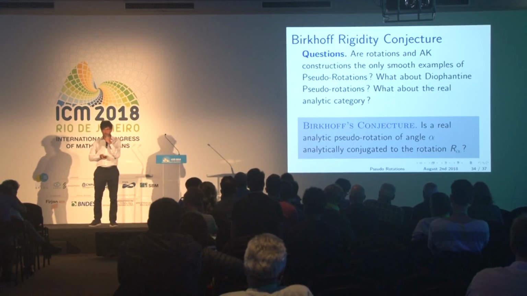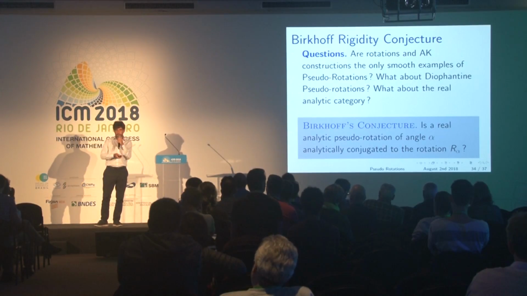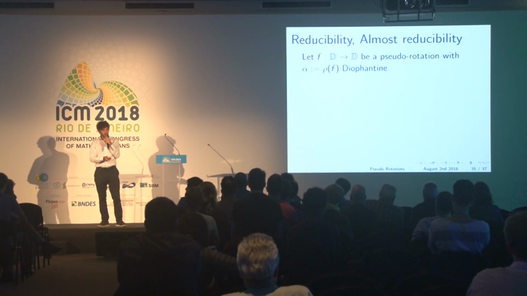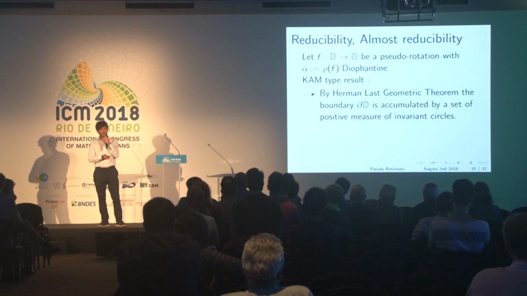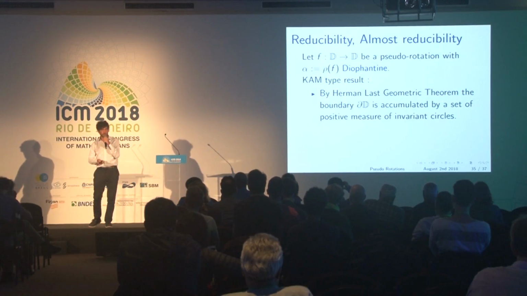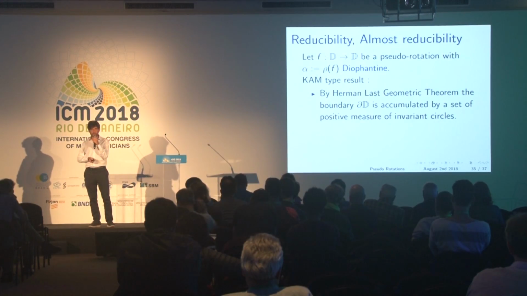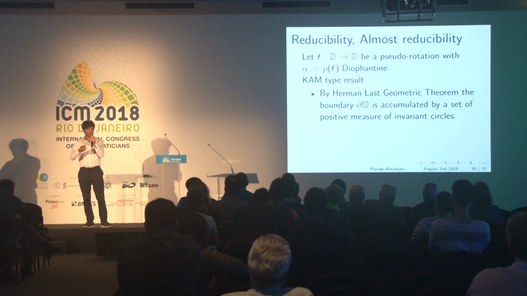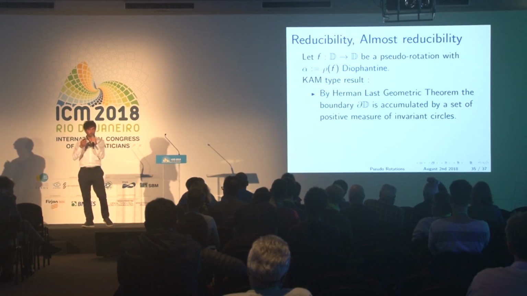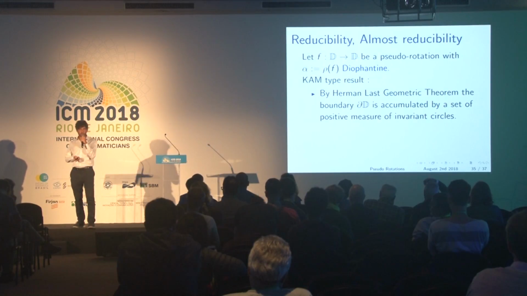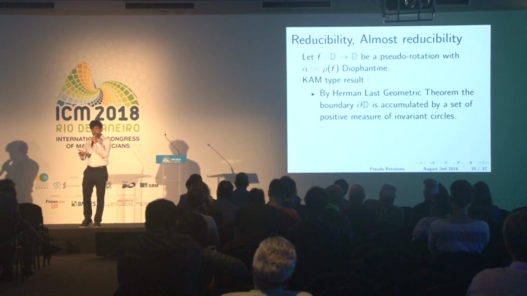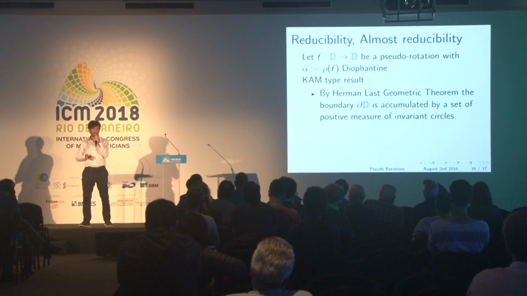So you have some kind of global theory that is probably possible, because you see, for Diophantine angles, you know by Herman and Rüssmann that if you are close to the rotation, you will be integrable. This is by KAM. For very Liouville, you know that you have iterates that will be very close to identity. So in both situations, if you are close to the rigid rotation, your model will be, in some sense, the rotation, at least after conjugacy and iteration.